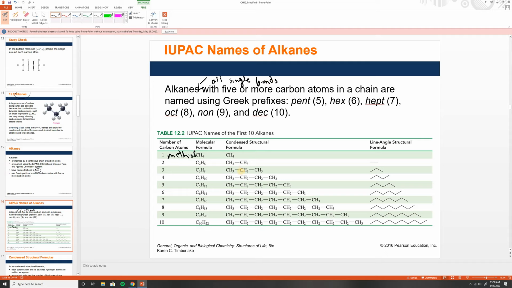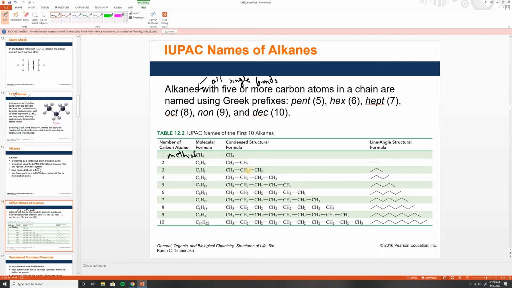When you add double bonds to these and reduce the number of hydrogens, you get to alkenes, and alkynes when you get to triple bonds. So for alkanes, you notice there's all single bonds here. And you can just see how the pattern works. As you keep adding more carbons, you are going to increase the chain length and also have more of these CH2 groups in the middle.